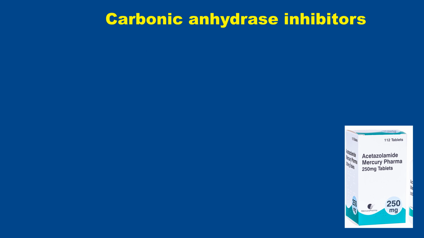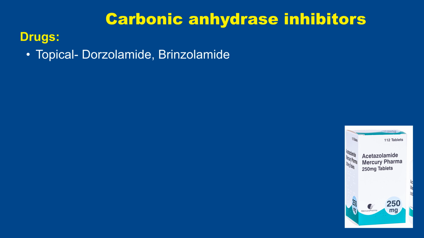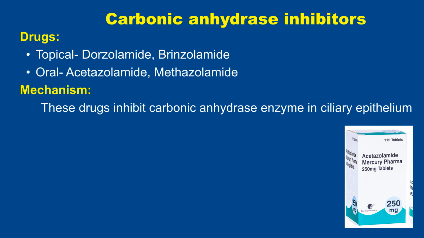Next class of drugs includes the carbonic anhydrase inhibitors or CA inhibitors. These drugs have been divided into two groups, topical agents and oral agents. Topical drugs include dorzolamide and brinzolamide. Oral drugs include acetazolamide and methazolamide.